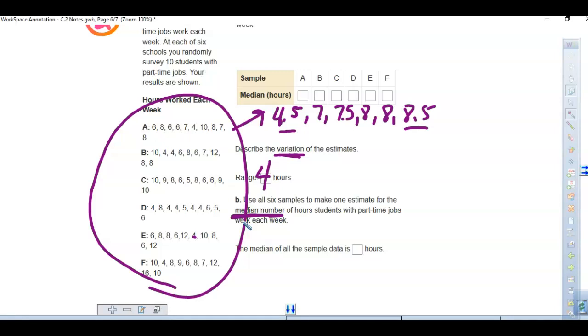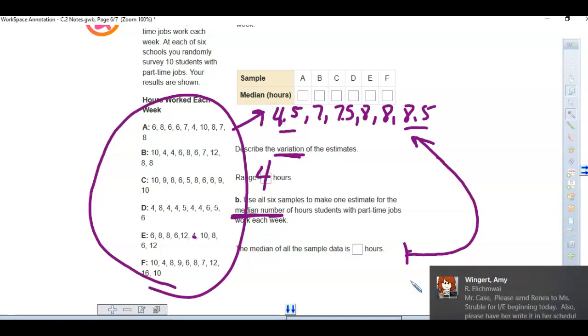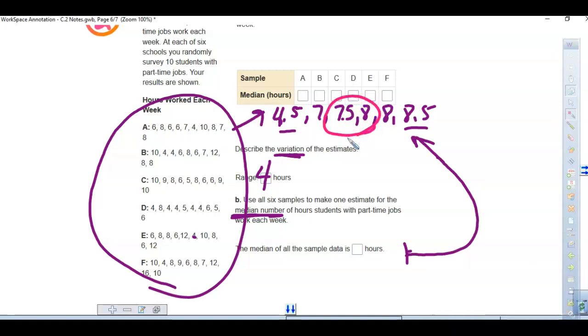How would we do it? We take our estimates and find the median of that. You got 2 numbers in the middle, correct?